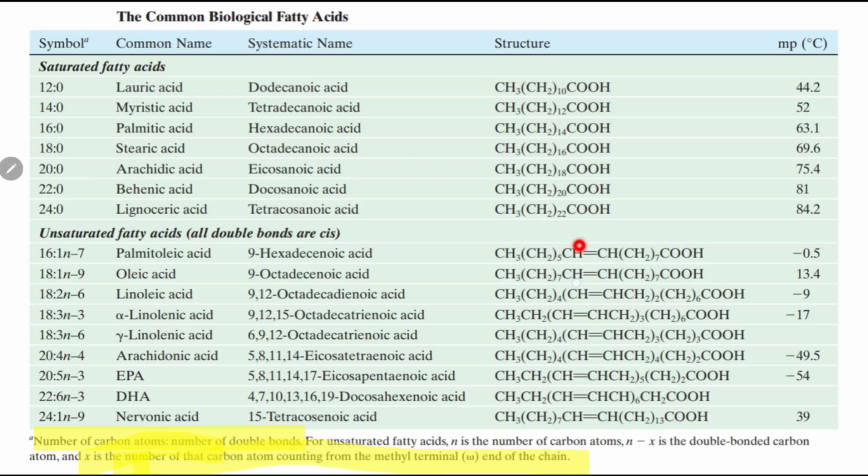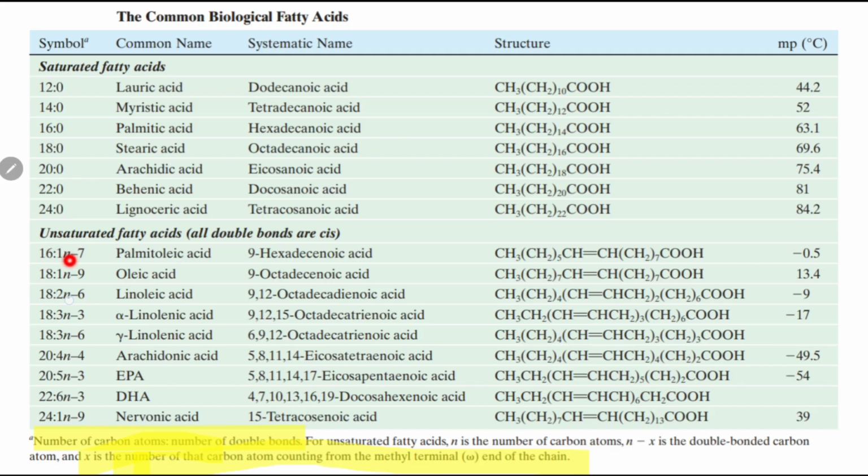So these are some common biological fatty acids. You see the number of carbons and the number of double bonds. So this 12:0 means that there are 12 carbon atoms in this molecule and no double bonds. 16:1 means that there are 16 carbons and one double bond.